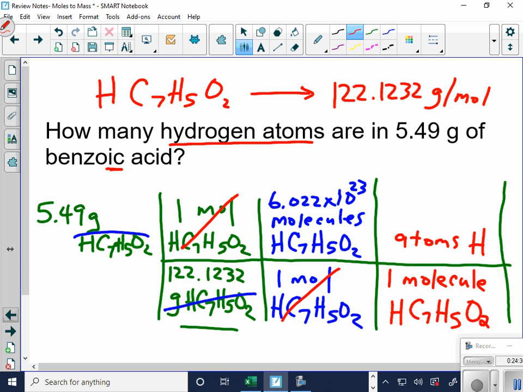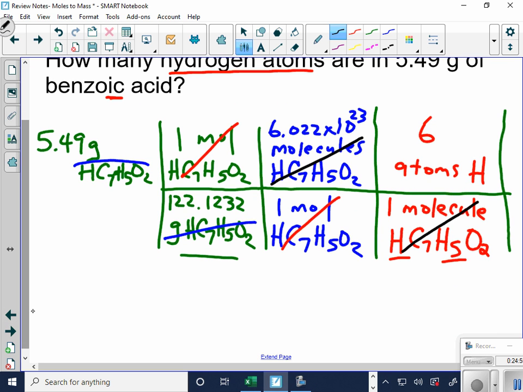How many hydrogens do I have in that benzoic acid? 6, right? 5 here, 1 here. Don't forget that 1 there. So I have 6. I look at this, I should get a cancel. Molecules benzoic acid on top, molecules benzoic acid on bottom. So I get my cancel. I know that my label is going to be atoms of hydrogen.